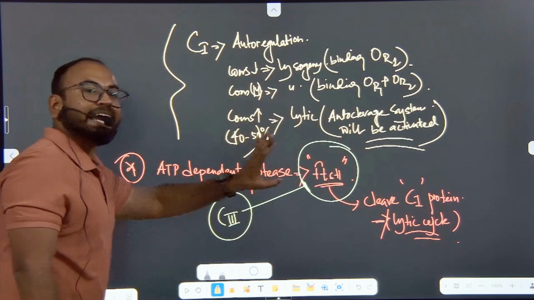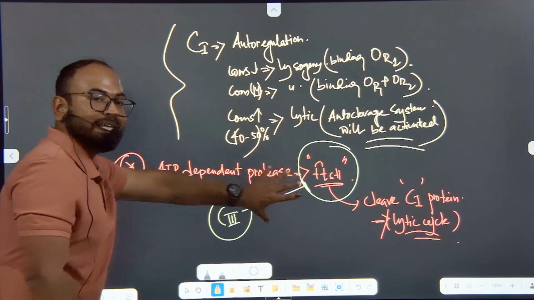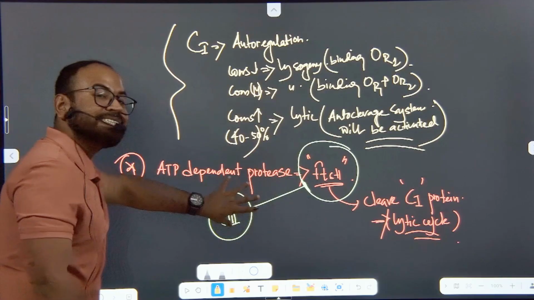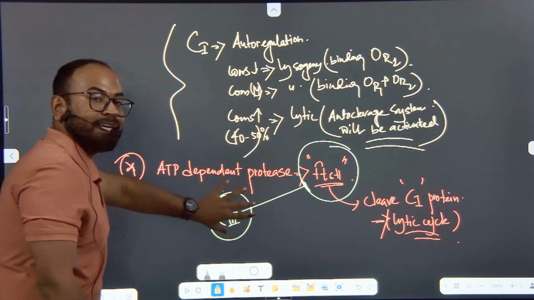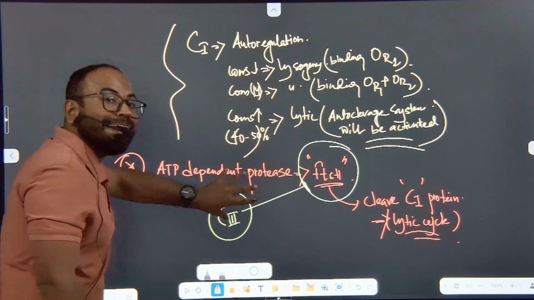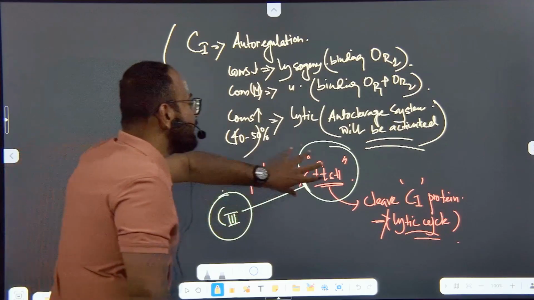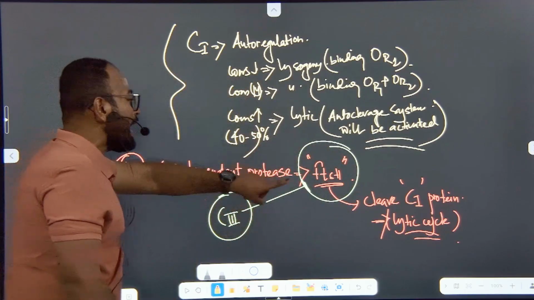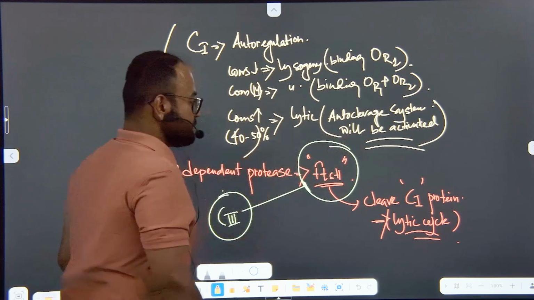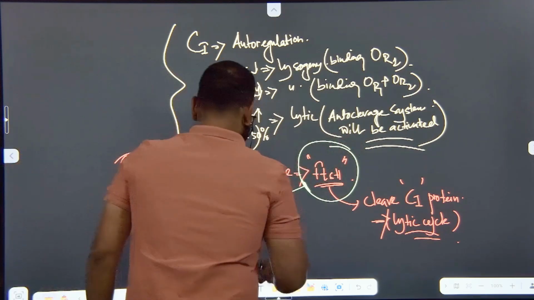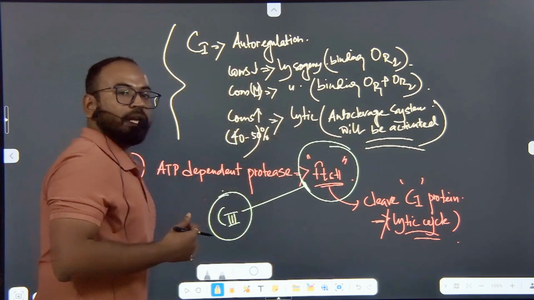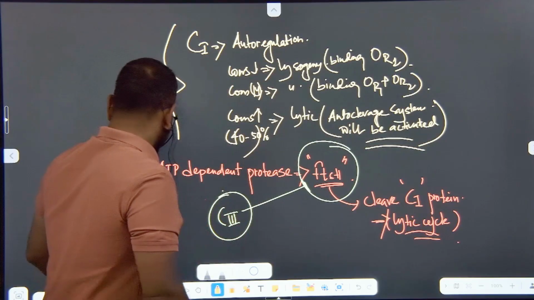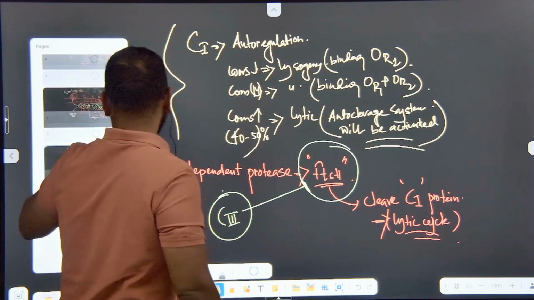But the problem with FTSH is there lies another lysogeny initiating protein, C3. C3 can block or hinder the activity of FTSH. So this is also a kind of regulation that is ongoing apart from the regular processes.